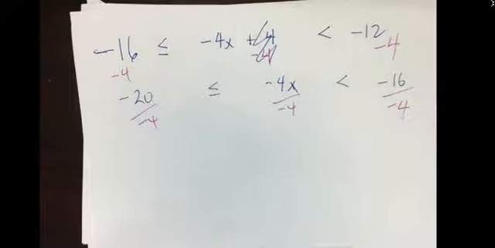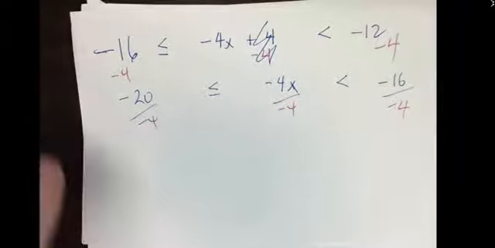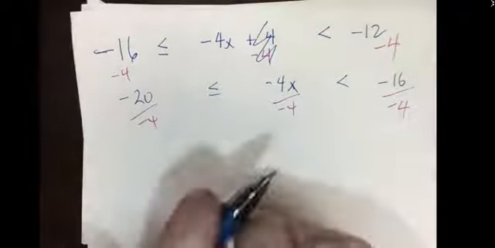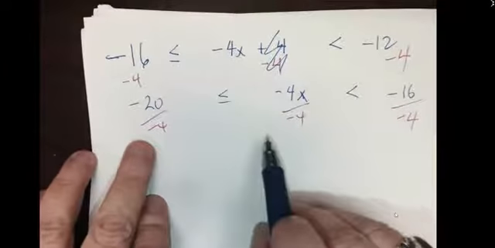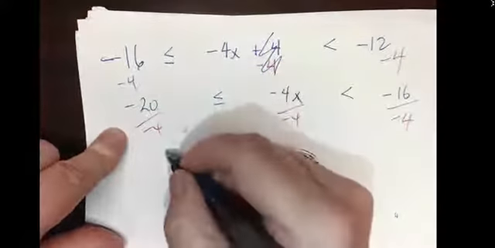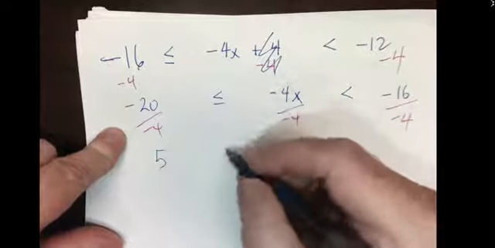Here's what's going to happen. Watch very carefully. When you divide by something negative, the arrow flips. So this is going to give me positive 5. The arrow flips.